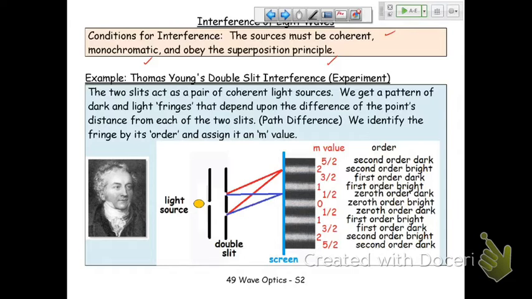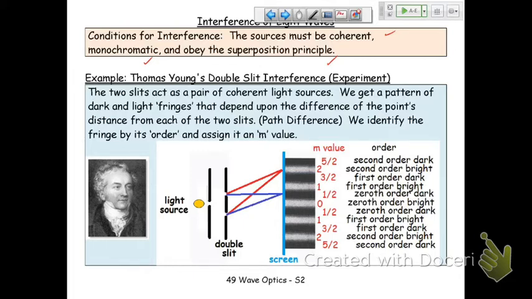Thomas Young did a famous double slit experiment, and he did it a long time before we had lasers. So how did he get coherence? I think he was very clever. He took a non-coherent light source, the photons non-coherent, and he put it through a single slit.